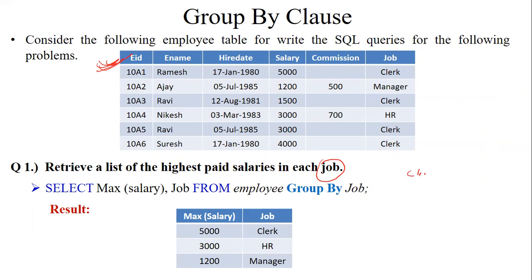So job clerk, clerk, clerk, and then one more clerk. What is the first salary? That is 5,000. Second is 1,500. Third is 3,000. Another is 4,000. So these are the values for the clerk job.